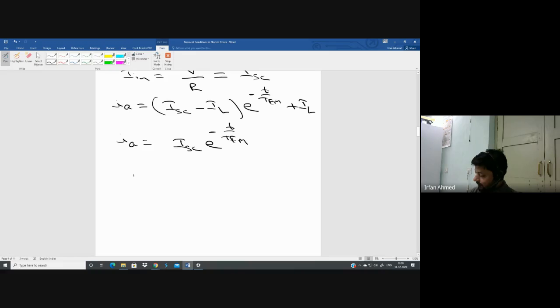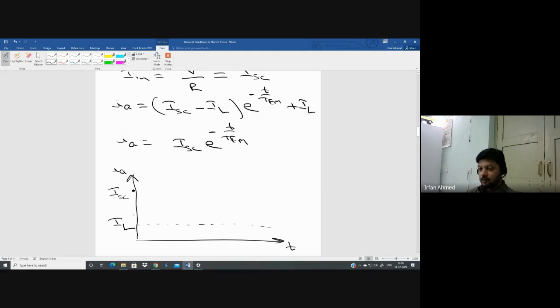So, based on these two equations, we can plot the armature current as a function of time. Let us say this is your short circuit current ISC, that is equal to V by R, and this is the value of your load current IL.